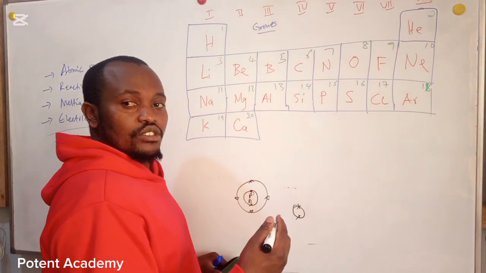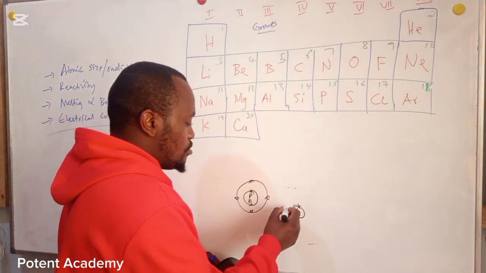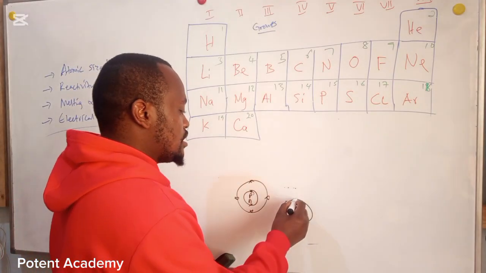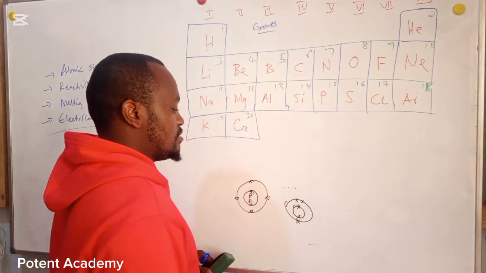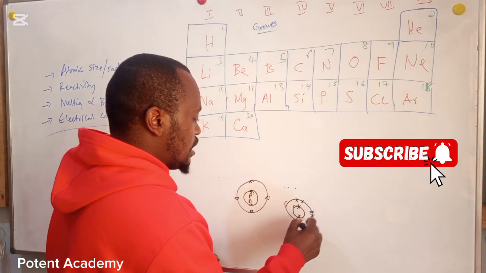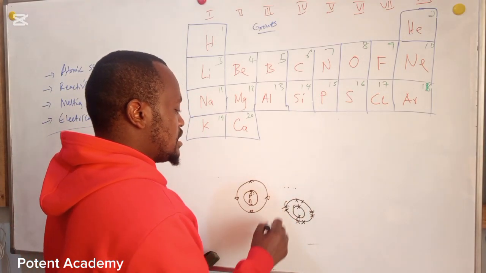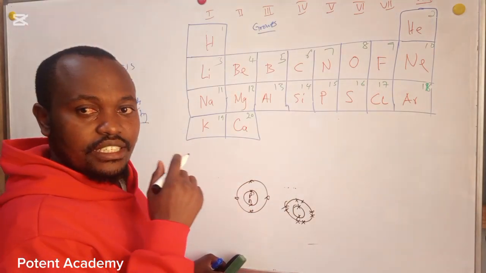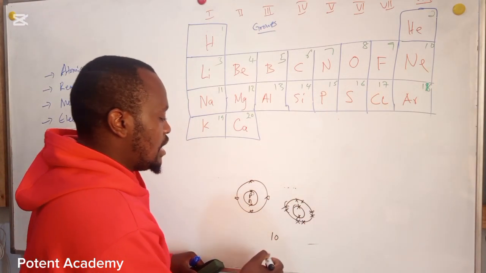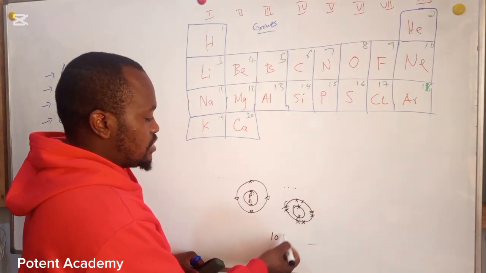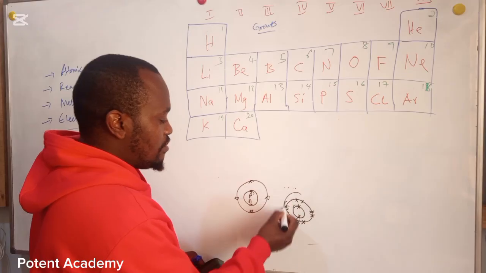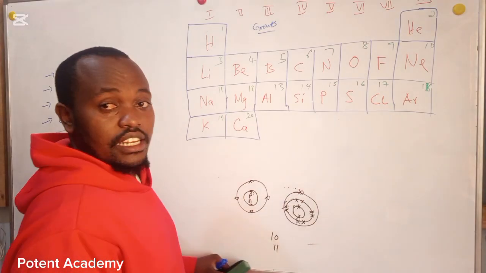When you have more than 2 electrons, you also have an added energy level where electrons arrange themselves. They can be 3, 4, 6, 8, but they cannot be more than 8. So when you have 10 electrons, you have 2 and then 8. However, if you have 11, you must add another energy level.